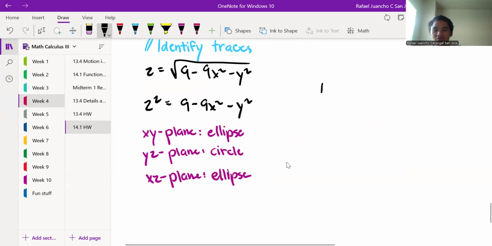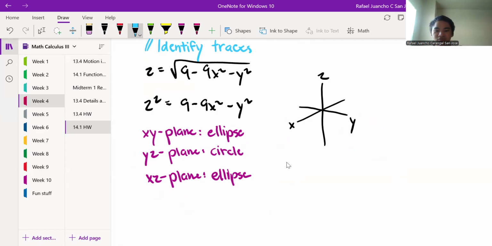If I were to kind of draw a prototype, this is just an example. Briefly, how it would kind of look like. In my XY plane, I have an ellipse. So crap, I forgot what it looks like. Depends on where it was stretched, because we also have to take that into account. If I take out my Z, oh, my Y was stretched.